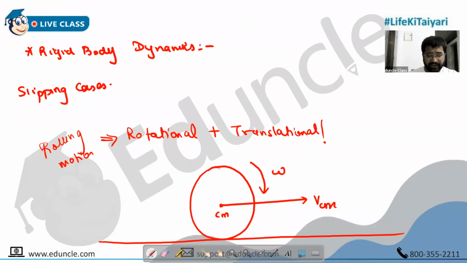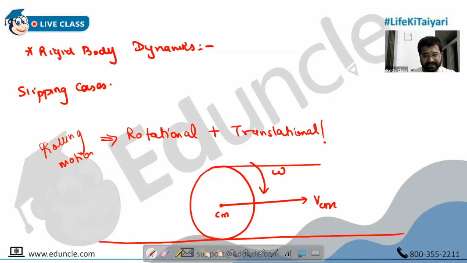So what do we have? For rotational motion, the velocity at any point along a tangent is given by v = r omega.